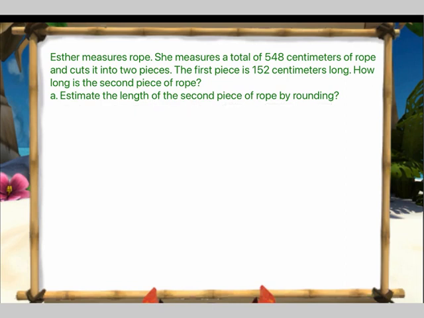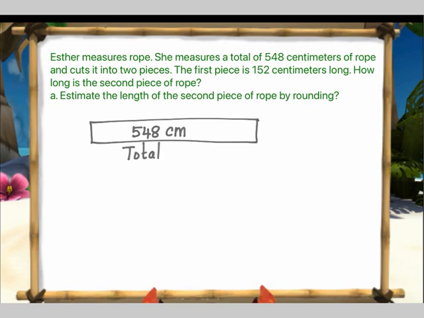Okay, so let us see the information that is given in the question. She measures a total of 548 centimeters. So the total is 548 centimeters. So that is the total length of rope.